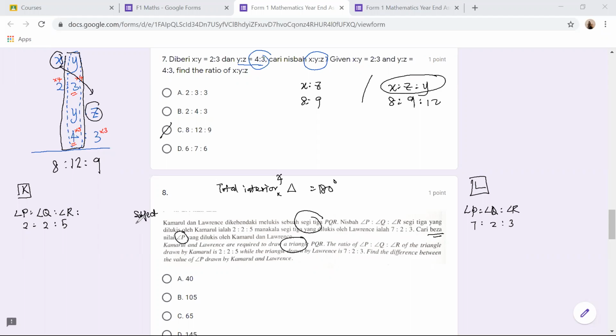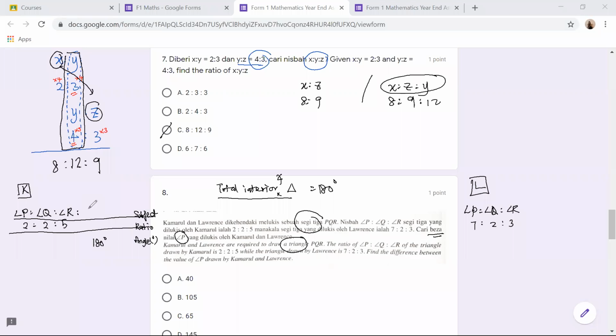The second line is the ratio. The third line is the actual value, that means the angle, in this case in degrees. The subject is the total interior angle, so under the actual value, the third line, I put 180 degrees here.